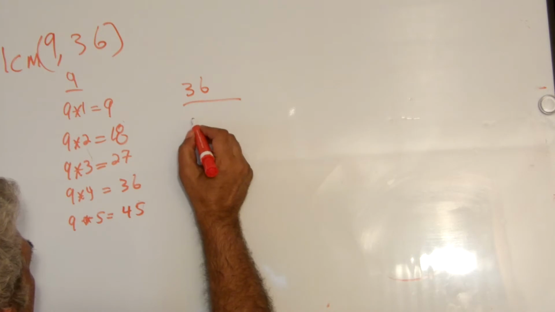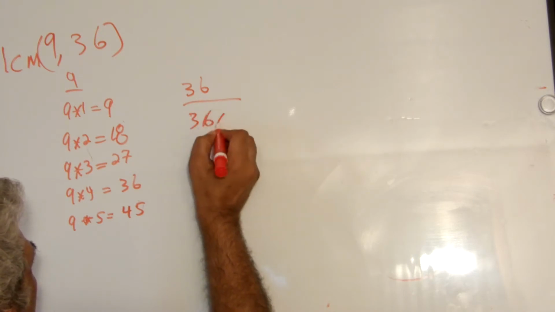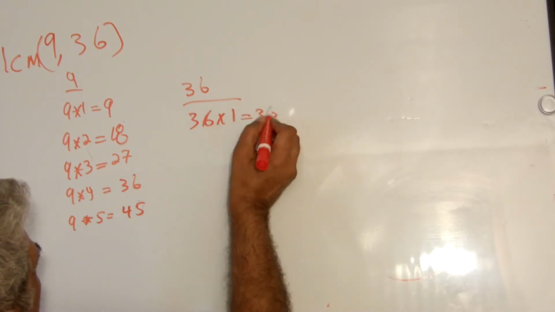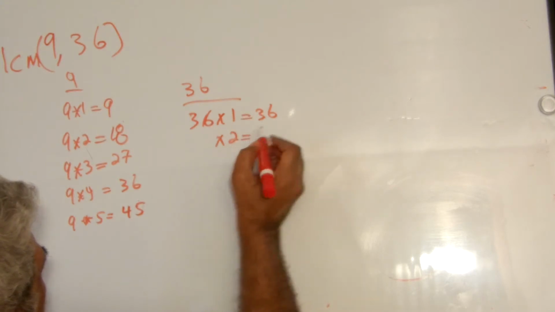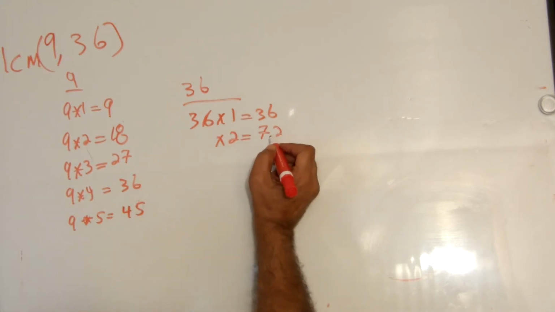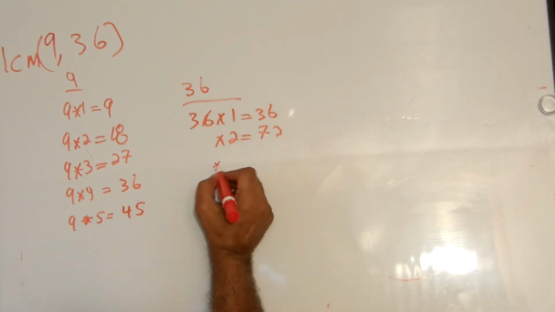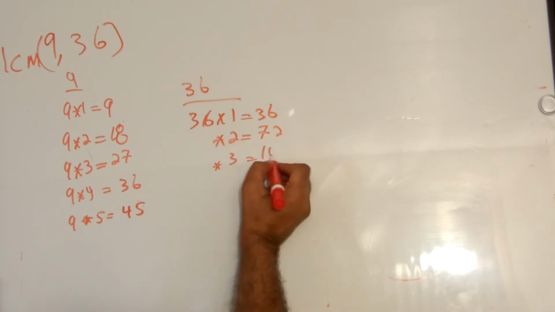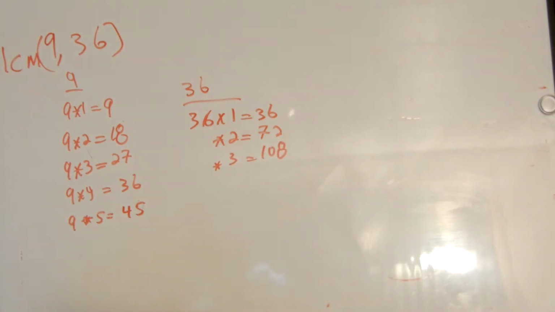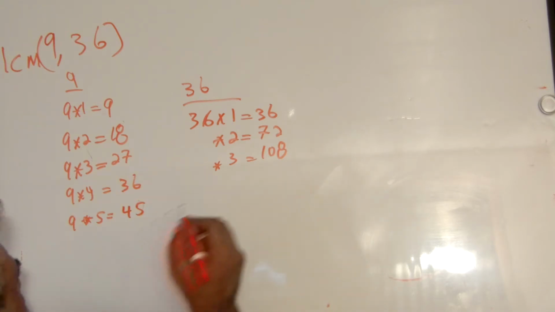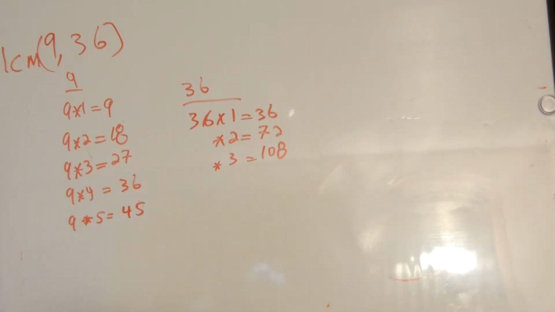36 times 1 is equal to 36. Times 2 is equal to 72. Times 3, 108. And that's going to be enough.